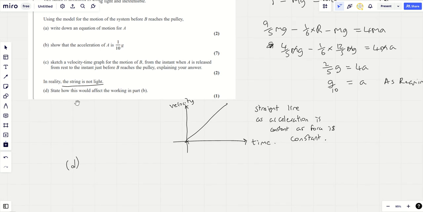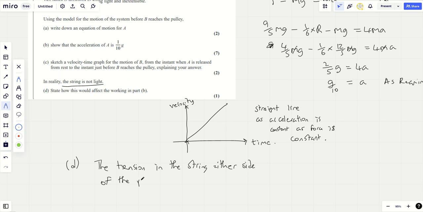So all you have to do is just say the tension in the string either side of the pulley will no longer be the same.